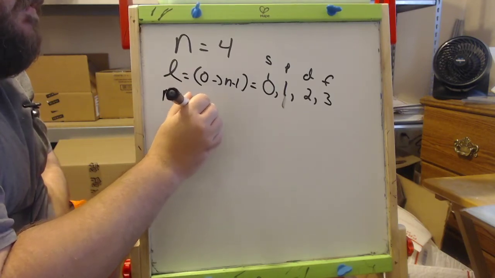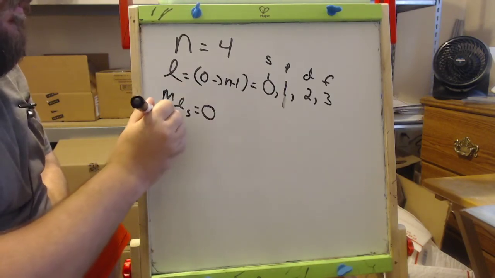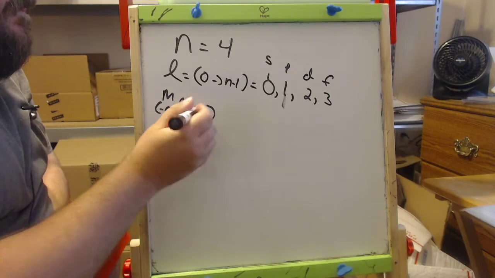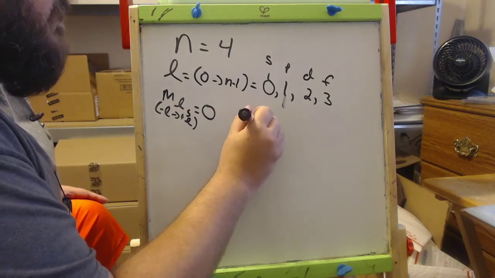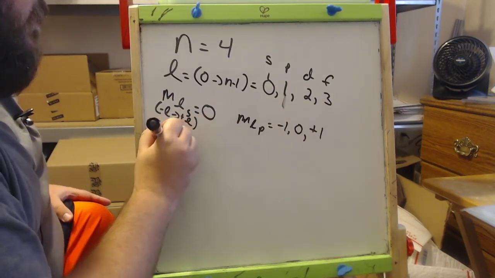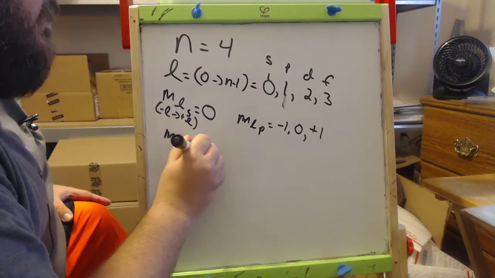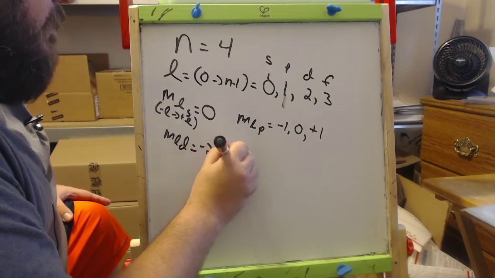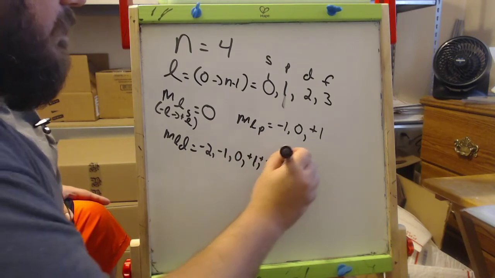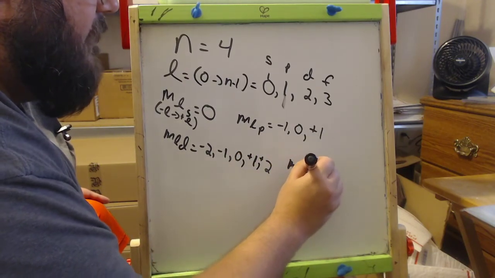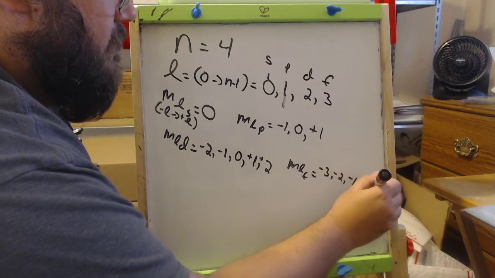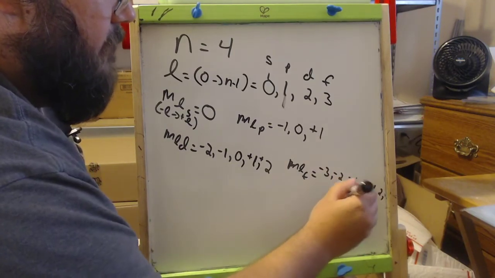Okay? That's 0. So remember, this is negative L to positive L. m sub L of P: negative 1, 0, positive 1. m sub L of D: negative 2, negative 1, 0, 1, and 2. m sub L of F: negative 3, negative 2, negative 1, 0, 1, 2, and 3.